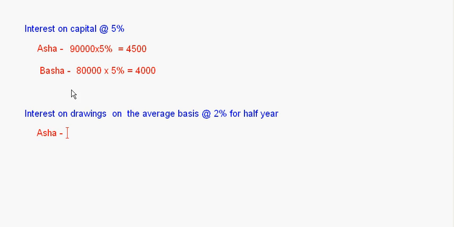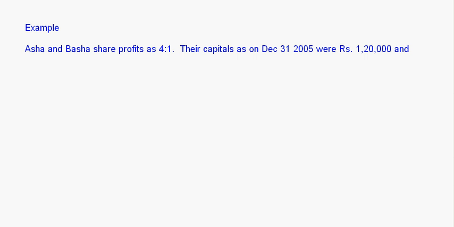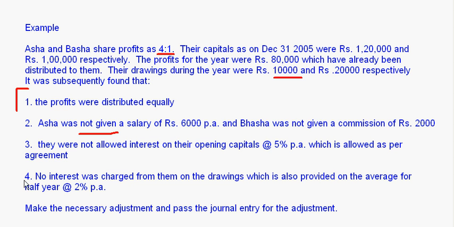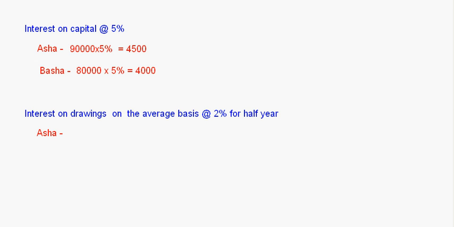Interest on drawings is also omitted. Now interest on drawings, if you look at the question, the fourth one says: no interest was charged from them on the drawings, which is also provided on the average for half year at 2% per annum. So 2% for half year.